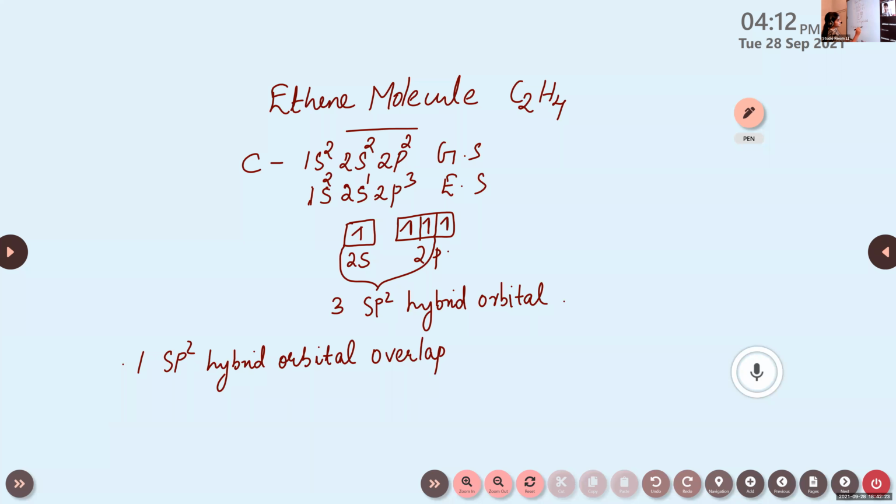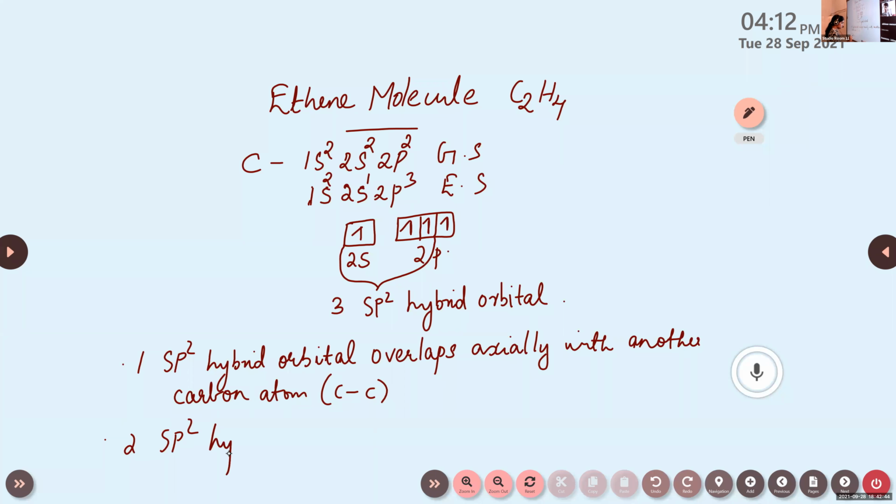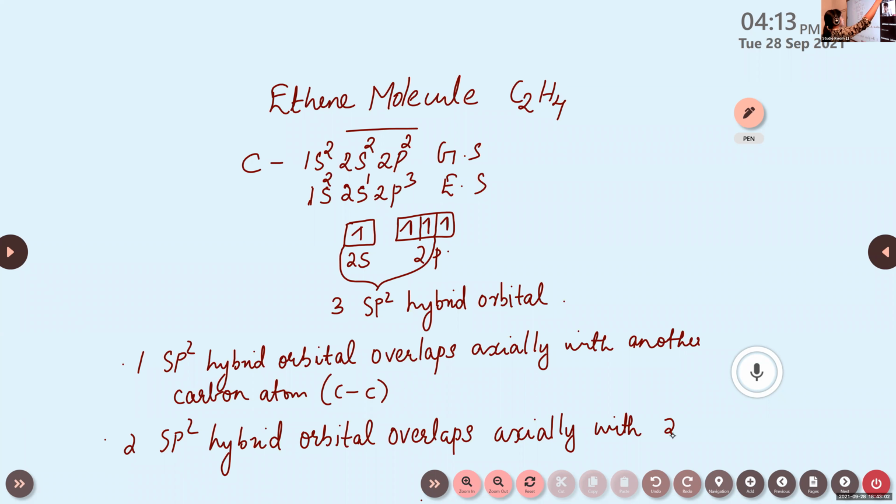Then here, one sp2 hybrid orbital overlaps axially with another carbon atom. That means a C-C sigma bond will be formed. Then the remaining two sp2 hybrid orbitals overlap axially with two hydrogen atoms.